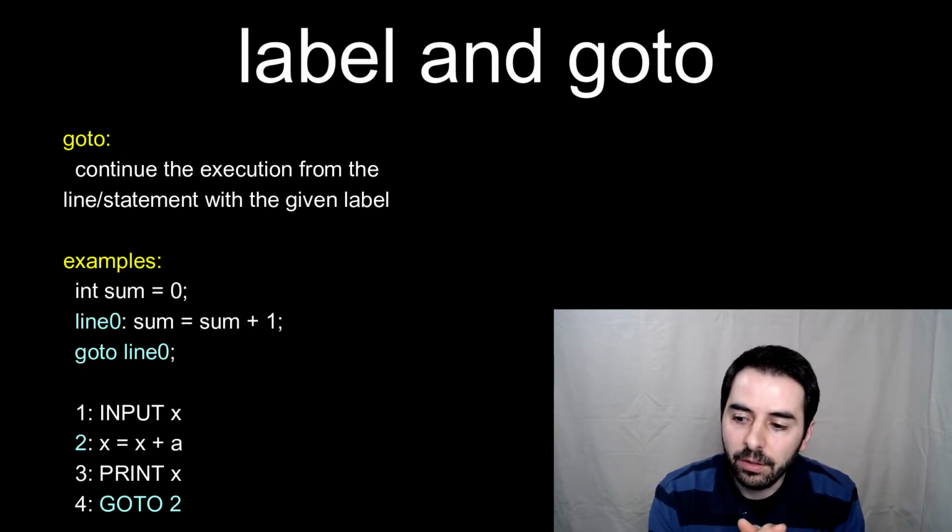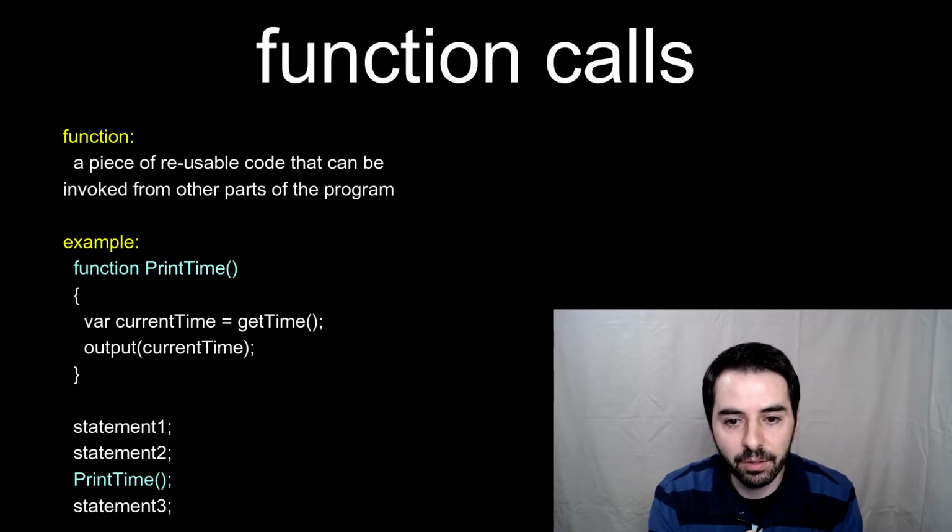Another primitive construct that most imperative languages support is the function call. In different languages these are called differently: function, method, procedure, routine, coroutine, and other names, but basically the meaning is almost the same. You have a named piece of code, called a function, that does one thing for you.